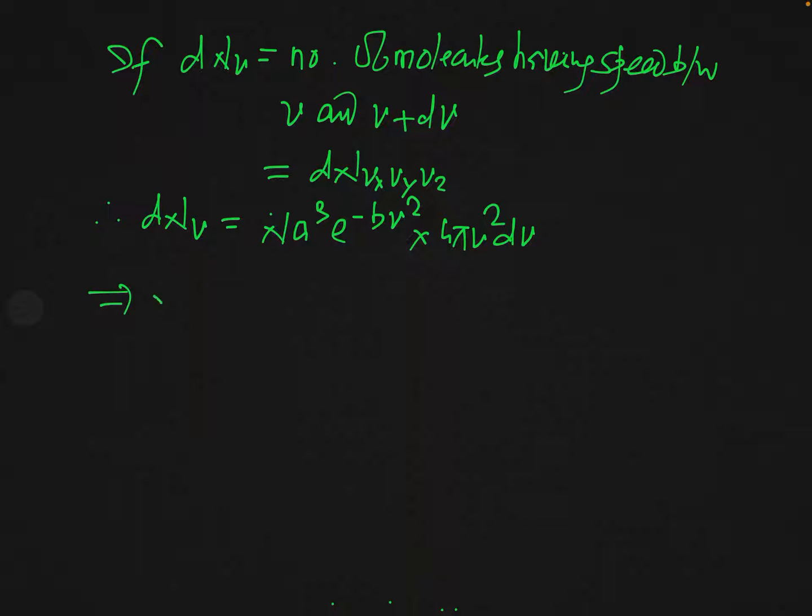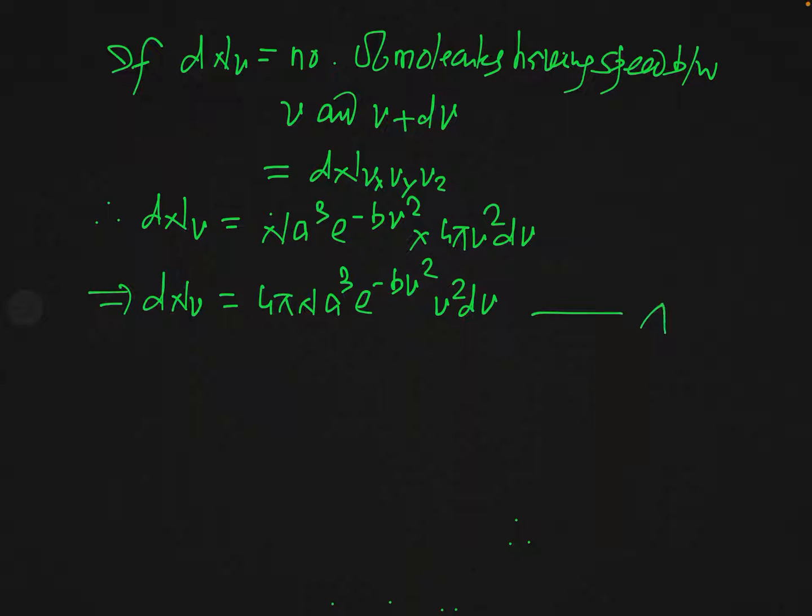And so you can see this dnv is now equal to 4 pi n a cube e raised to the power minus bv square times v square dv.